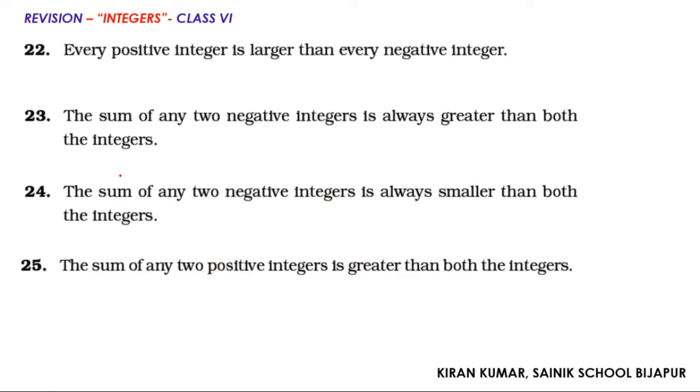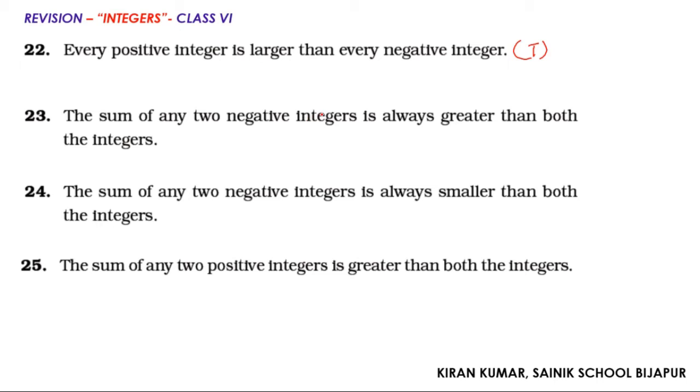22nd statement: Every positive integer is larger than every negative integer. This is a true statement. The reason is 0 is at the center. Towards the right side, we have got all positive numbers lying. Towards the left side, all negative numbers are lying.